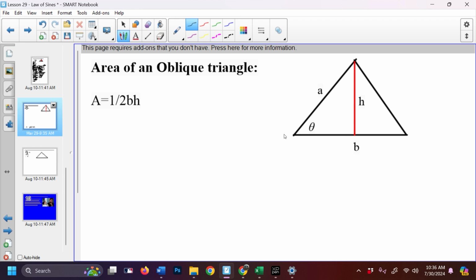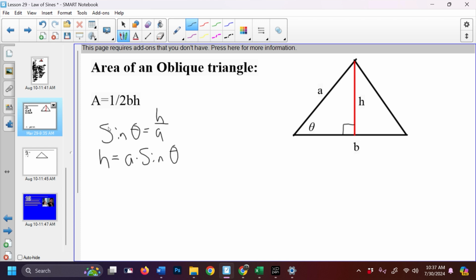Now, as I said in an earlier example, the height is perpendicular to one of the bases. So that forms a new right triangle, and I can calculate the height based on this side here. If you can see this triangle, you can say that the sine of theta is equal to h over a, which means that h is equal to a times the sine of theta.